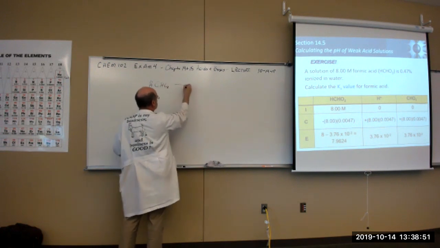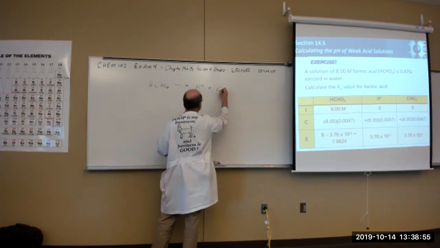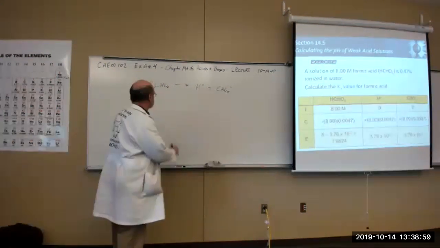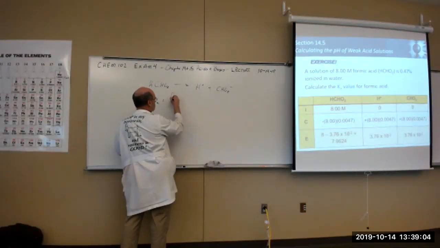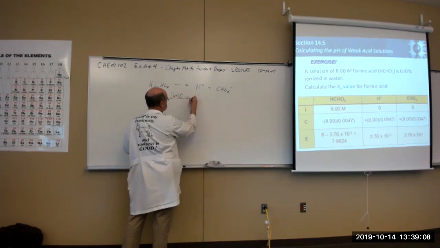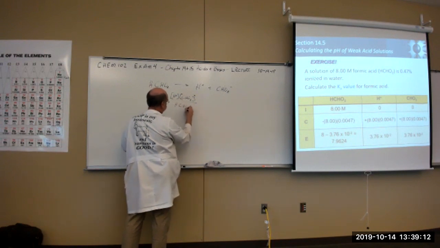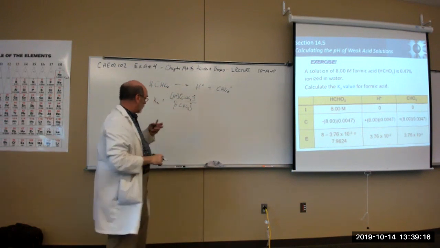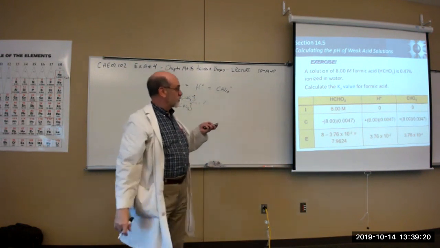HCHO2 dissociates into H plus and CHO2 minus. Okay? So the Ka is going to be that one divided by this one. And we want to know what's that value based upon this information.